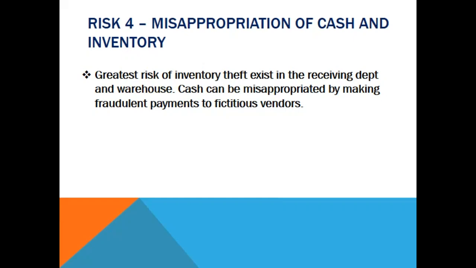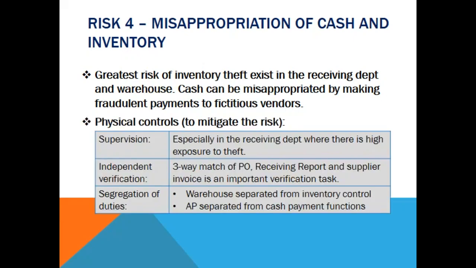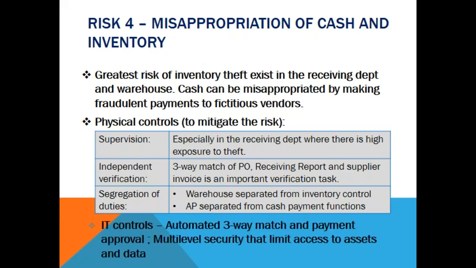Physical controls to mitigate the risk include supervision, independent verification, and segregation of duties. In a computerized environment, the segregation of duties is accomplished by having an automated three-way match of the PO, receiving report, and invoice before payment approval, or through multi-level security procedures that limit access to authorized processes and data.